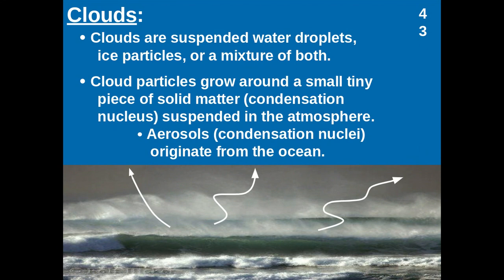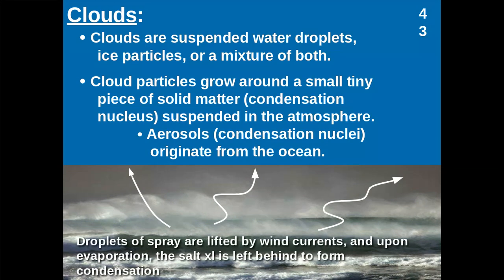And those salt particles are typically lifted into the winds and lifted up into the atmosphere and act like little condensation nuclei. And so you can see down at the bottom of the screen, droplets of spray are lifted by wind currents, and upon evaporation, the salt crystal, an XL, by the way, means crystal, is left behind to form condensation nuclei. And so that's how we're going to begin making a cloud.